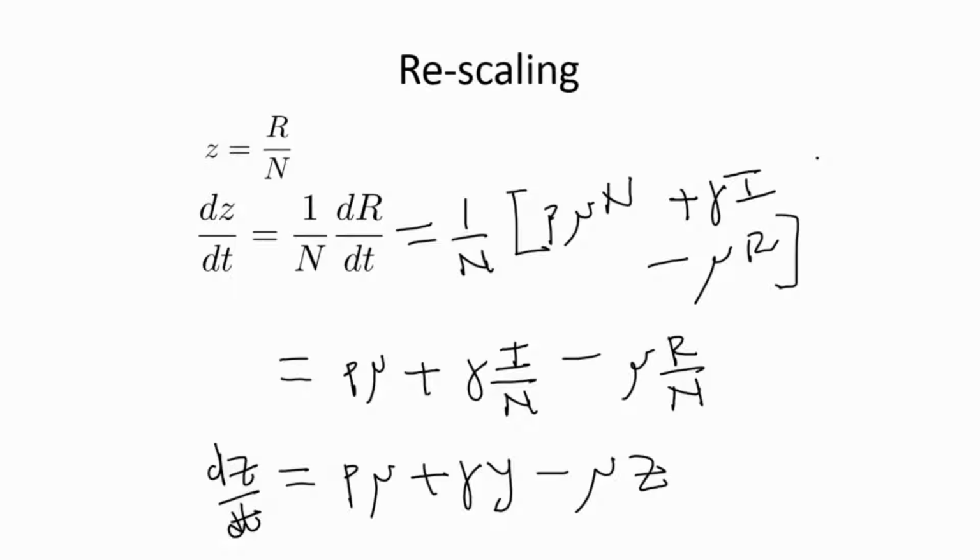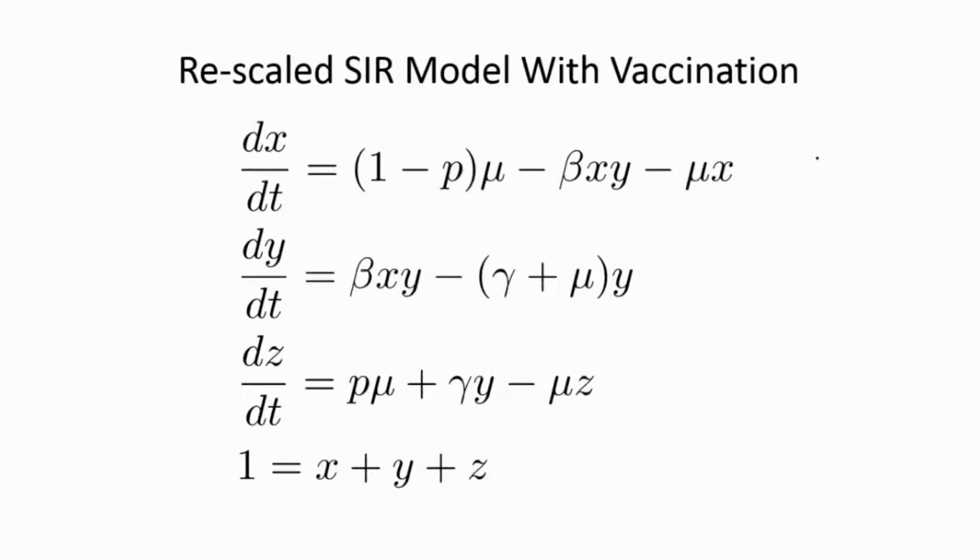Okay, so we have rescaled the system by multiplying by a constant. This constant is 1 over the size of the total population. So the SIR model with vaccination, rescaled by the constant population size, now looks in this form. So now we're calling the state variables x of t, y of t, z of t, right? It's still a vector with 3 variables, but now these variables are proportions.